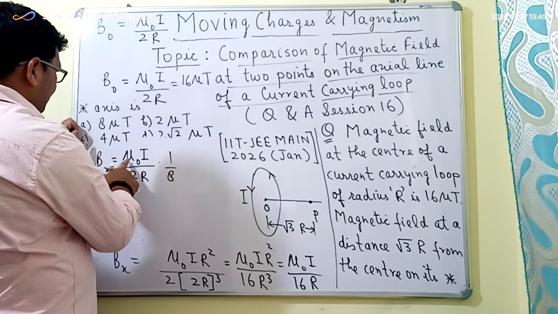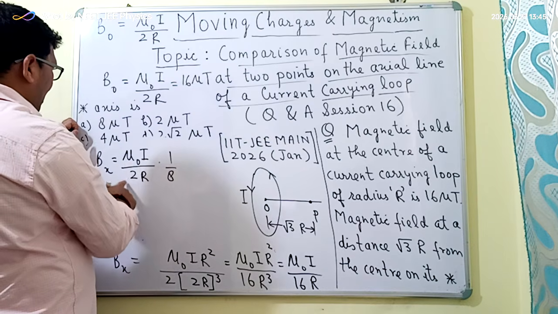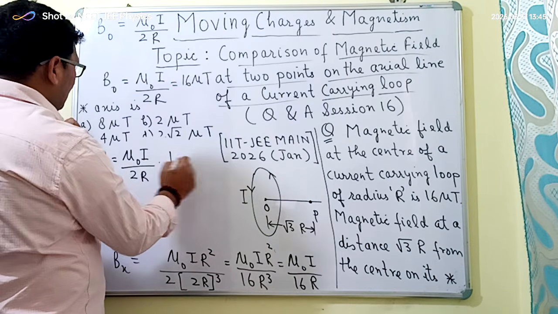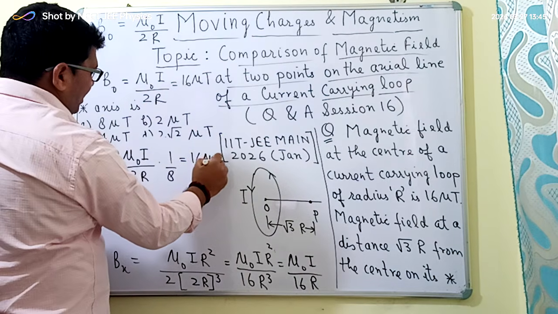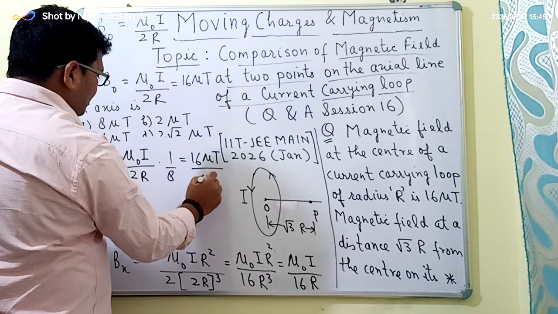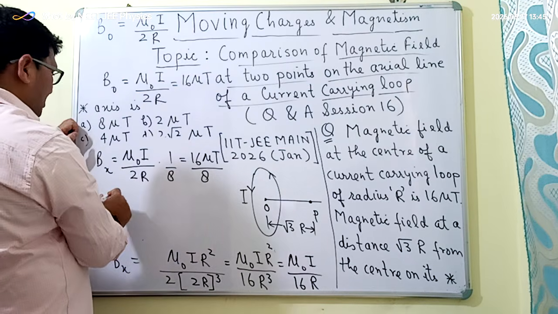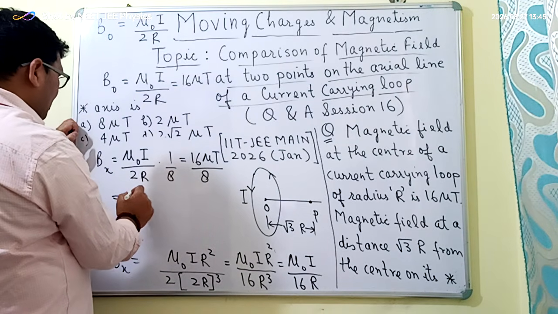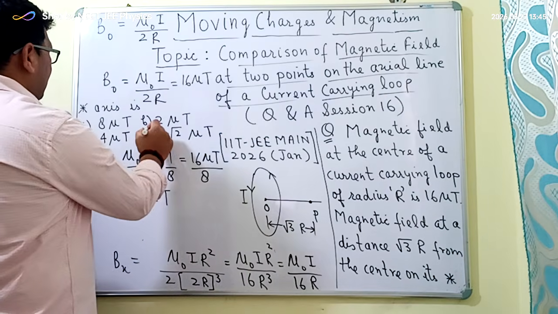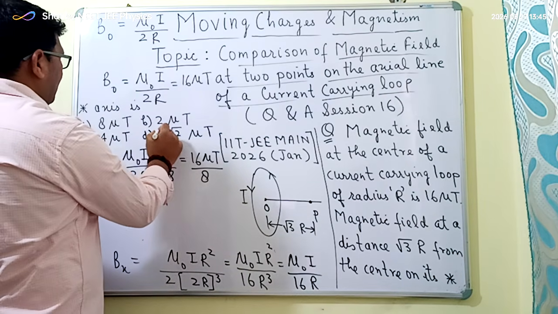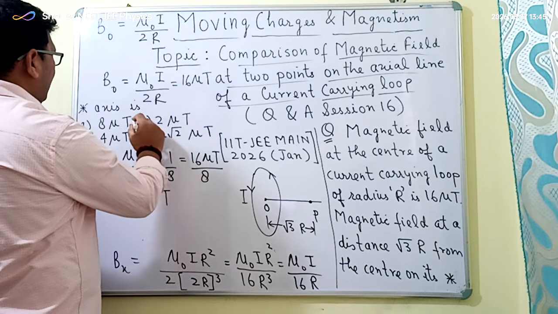Since mu naught I upon 2r is equal to 16 micro Tesla, dividing by 8 gives 2 micro Tesla. So the correct option is B, that is 2 micro Tesla.